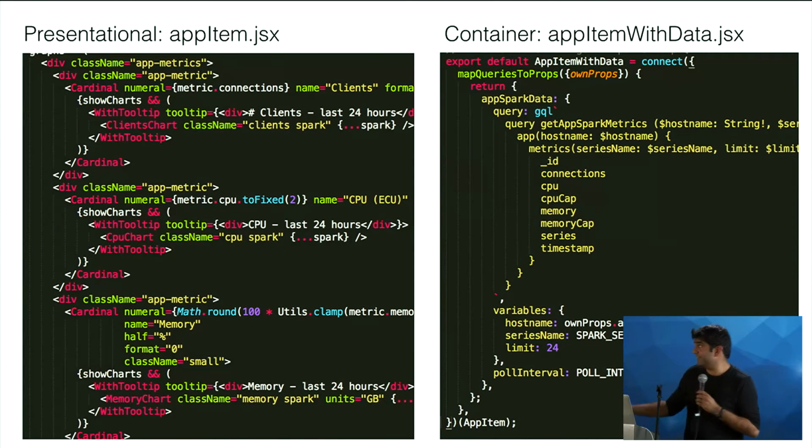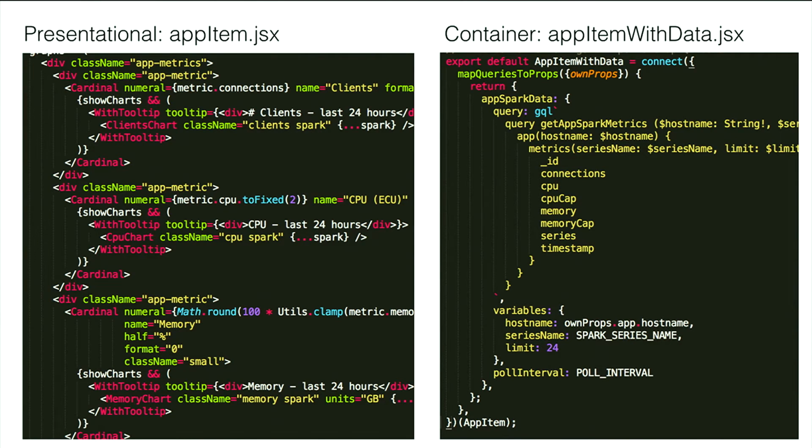And so what that looks like is, on the left is an example of a presentational component which is just dealing with the visual aspect and the layout. And on the right, you have the way that we load data using a GraphQL query that's being run and executed, and then passed to the app item presentational component. And so that separation of concerns helped us swap out DDP from these specific container elements and swap it in with Apollo.